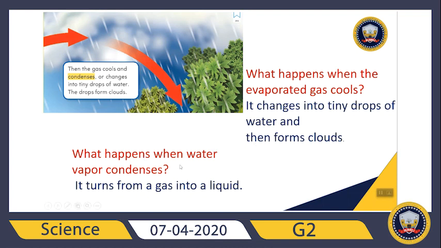What happens when water vapor condenses? It turns from a gas into a liquid. So the gas cools or changes into tiny drops of water. The drops form clouds.